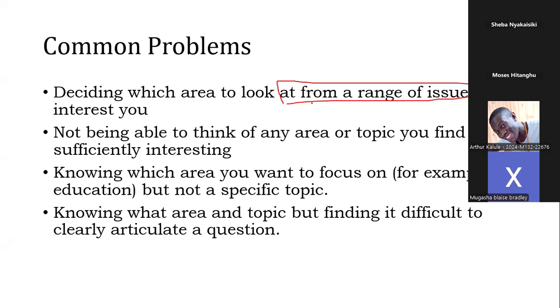We have a tendency to want to solve everything. However, normally you can go through the exercise with your supervisor, try and limit what problem it is you want to solve.